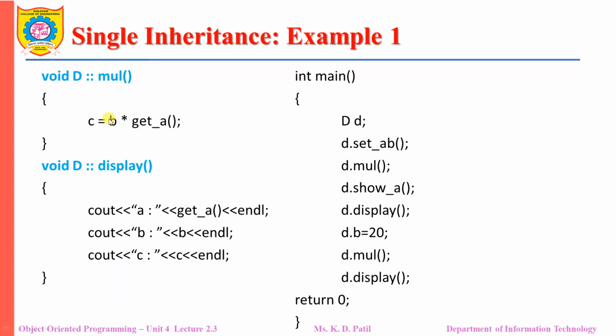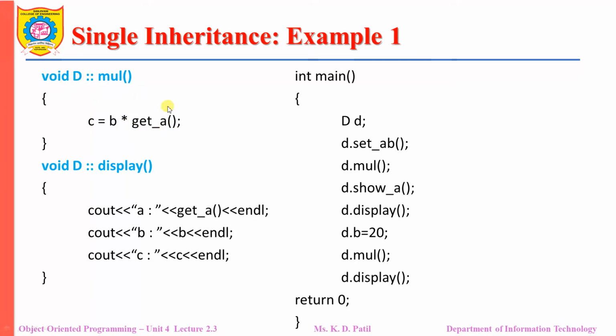B is publicly available and D is deriving class B by public derivation, and hence B will also be accessible to class D.